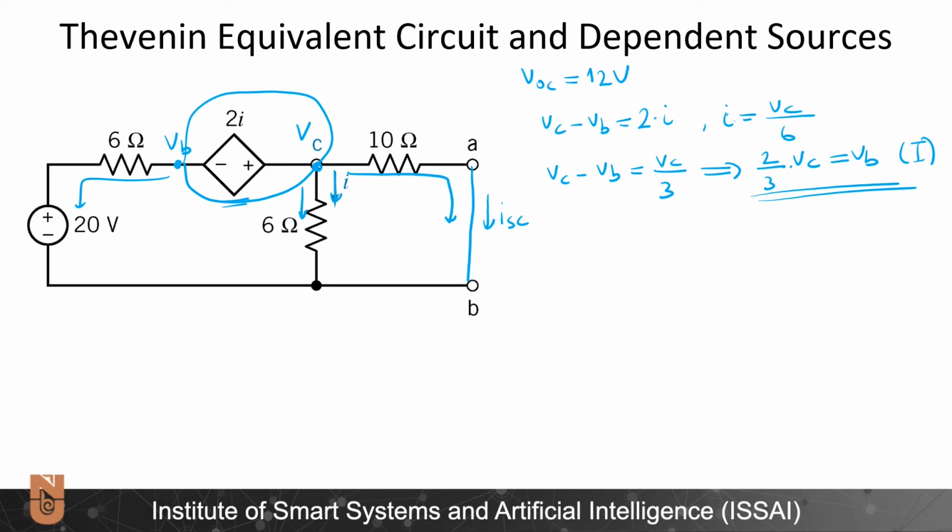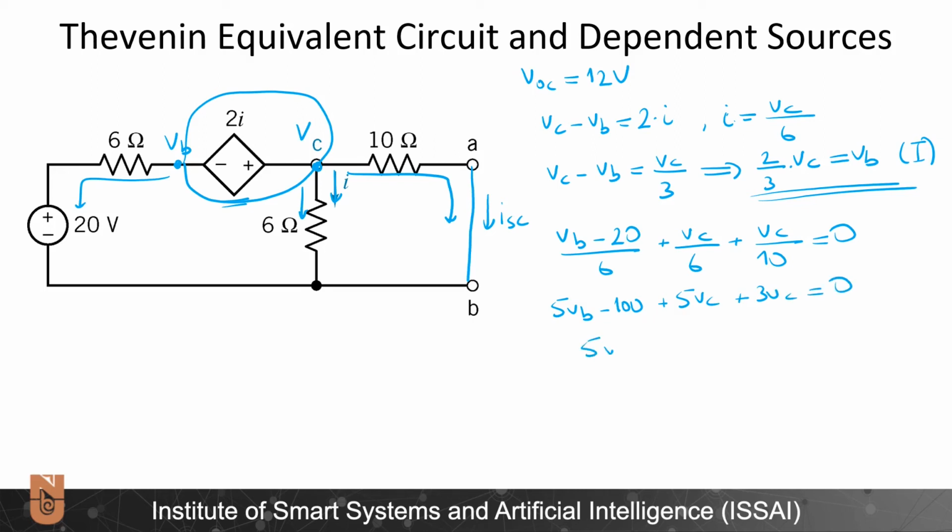So let's write (VB minus 20) divided by 6 plus VC divided by 6 plus VC divided by 10 is equal to 0. I can write this further as 5VB minus 100 plus 5VC plus 3VC is equal to 0. Let's simplify this further: 5VB plus 8VC is equal to 100.